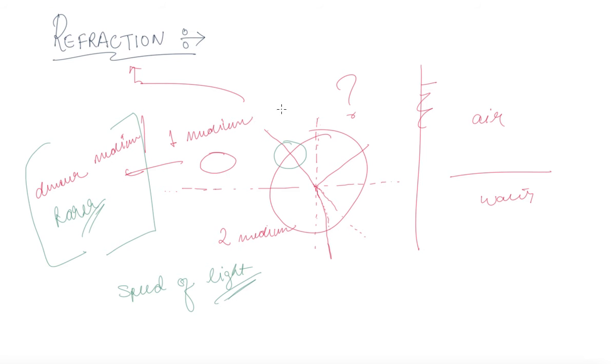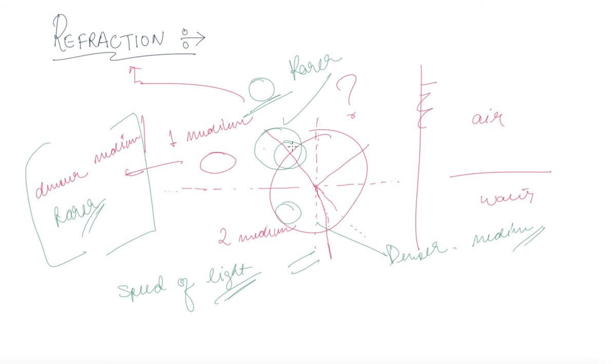Now we know the speed of light is different in different mediums. So if the speed of light is greater in this medium as compared to this medium, then this medium is known as the rarer medium and this medium is known as the denser medium. So optical density depends upon the speed of light in that medium. That is how we define it.